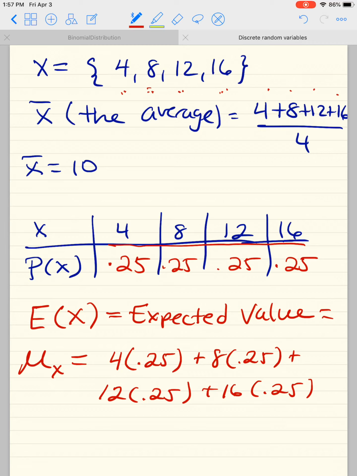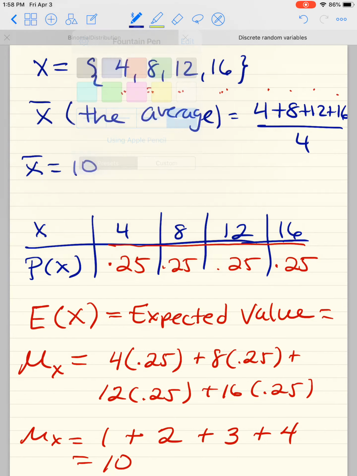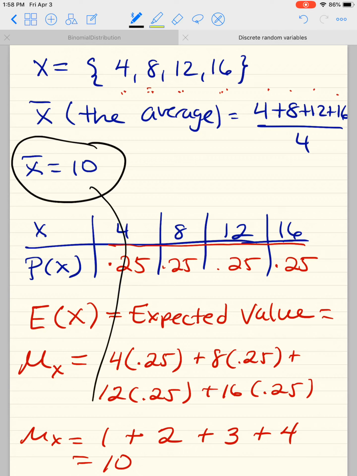And if you know quarters, then you know 4 quarters is equal to $1, 8 quarters is $2, 12 quarters is $3, and 16 quarters is $4. 1 plus 2 is 3, 3 and 3 is 6, 6 and 4 makes 10, and then you notice that we get the same exact value whether we add them all up and divide by 4 or if we multiply them by its probability of 0.25.